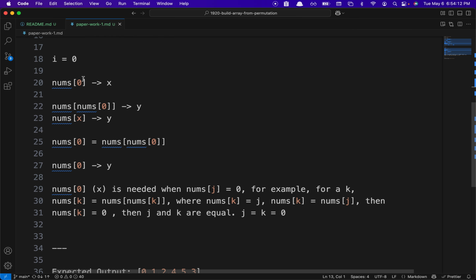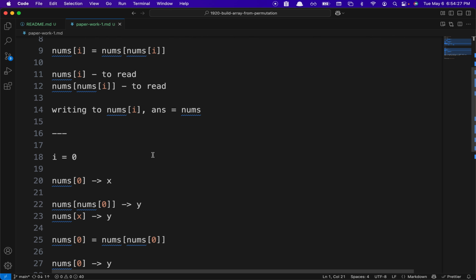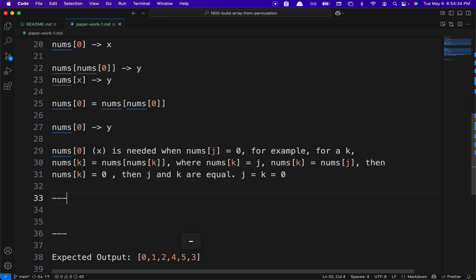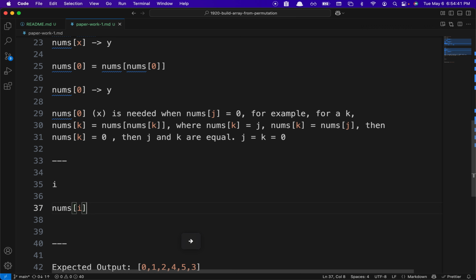And in our case, interestingly, it is that, right? So for i equal to 0, if you get a value, let's look at it more mathematically. So if there is an i, we say nums of i equal to nums of nums of i.